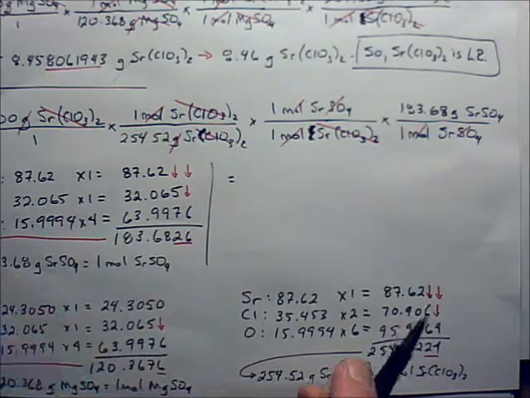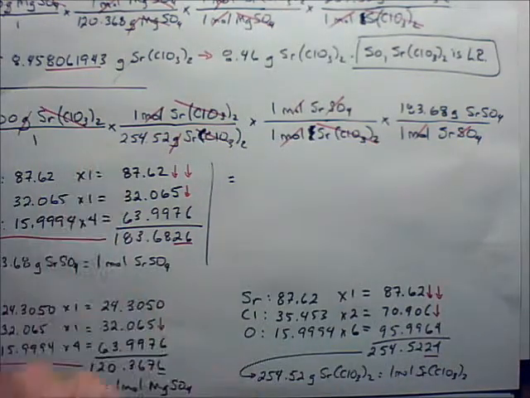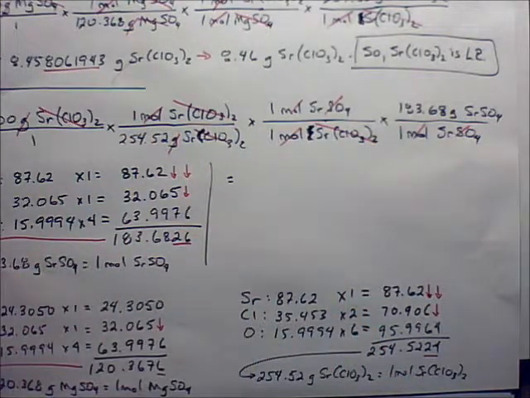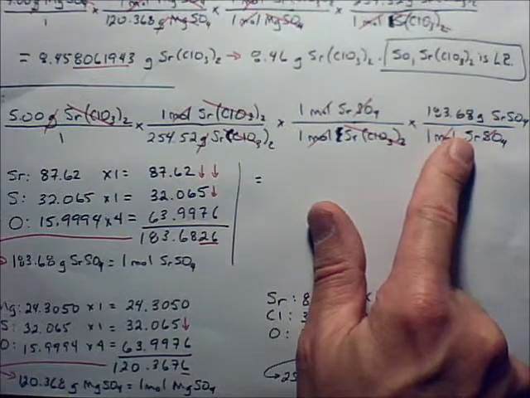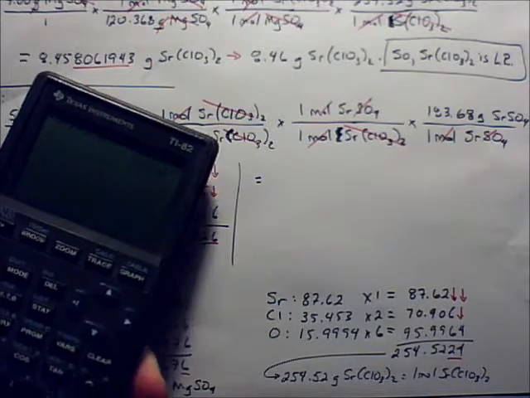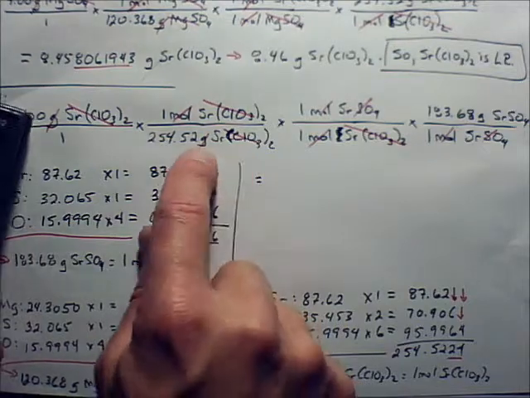It might be something that will help you on a test. All right, so we're ready to do the math now. As far as this, we're going to multiply everything across the top. Don't have to multiply by 1 because it gives you the same answer if you do. So 5 times 183.68. And then we're going to divide separately by anything on the bottom. Well, in this case, we've only got one thing on the bottom.